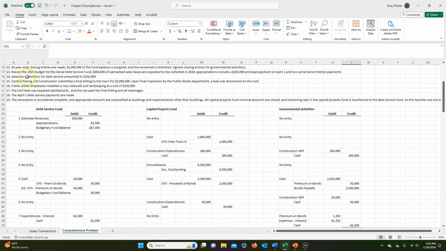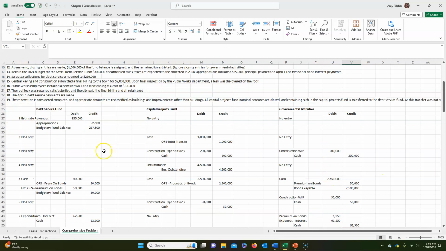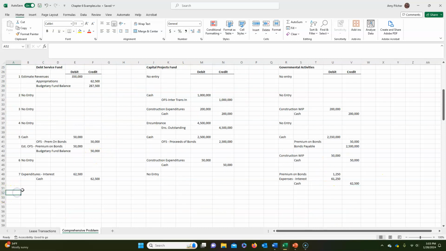Now to entry 8. So entry 8, sales taxes earmarked for debt service of $350,000 were collected. So that's the $350,000 we estimated we were going to collect at the beginning of the project. So we received on 8, we received cash of $350,000 in the form of sales tax revenues.